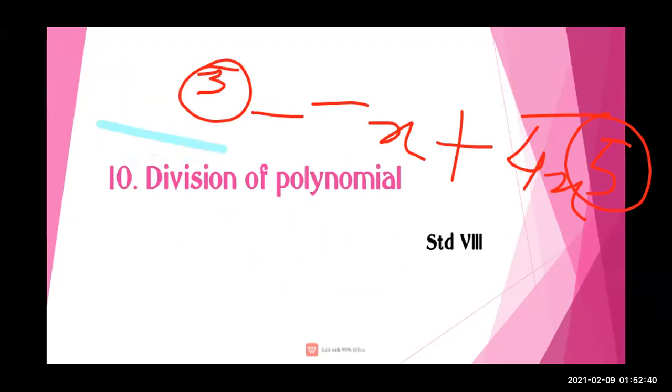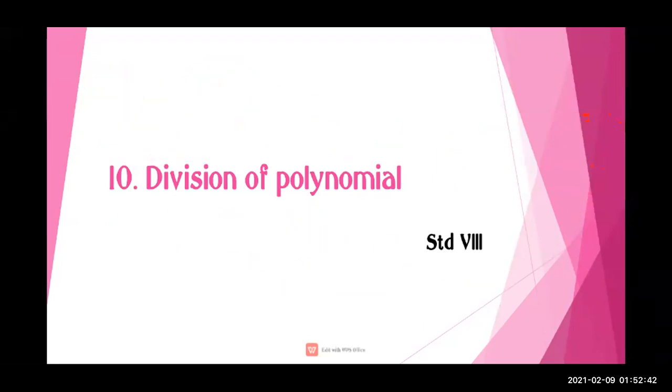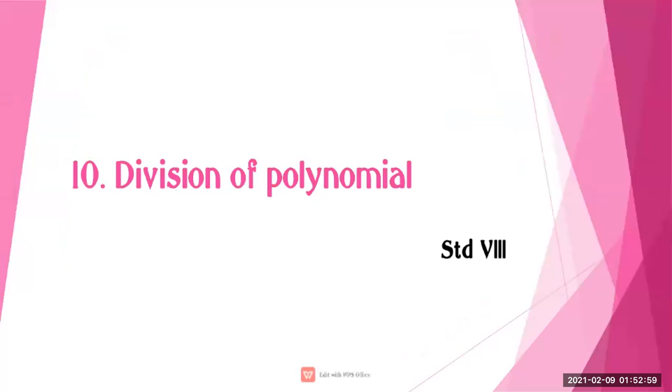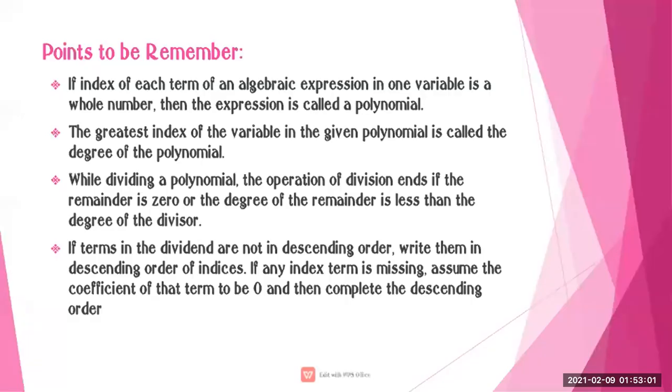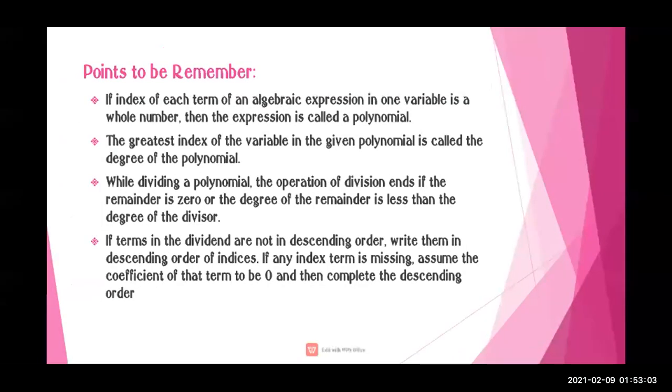So I have explained what a polynomial is, and how to find the degree of the polynomial. There are some operations, that is addition, subtraction, multiplication. And now we are going to learn about division. See, this is also very easy. There are some points which I have already explained.